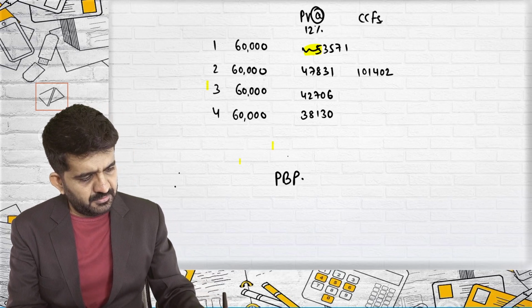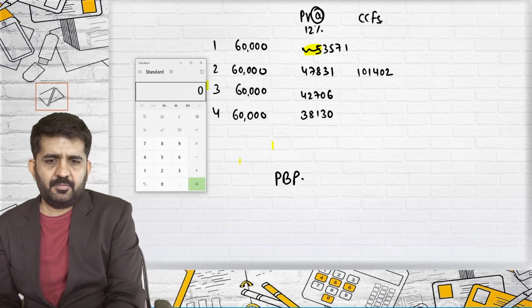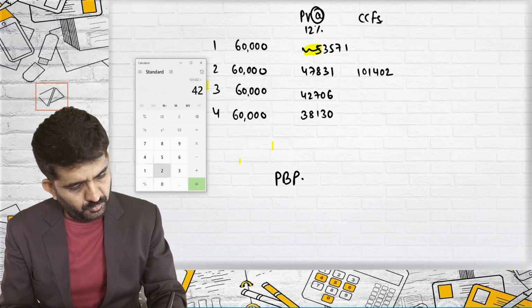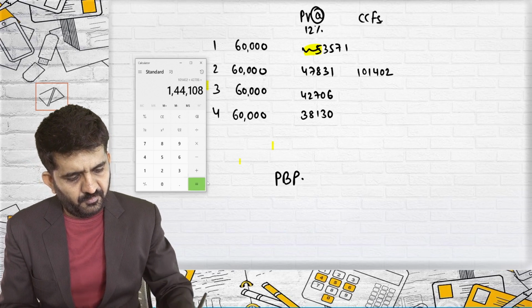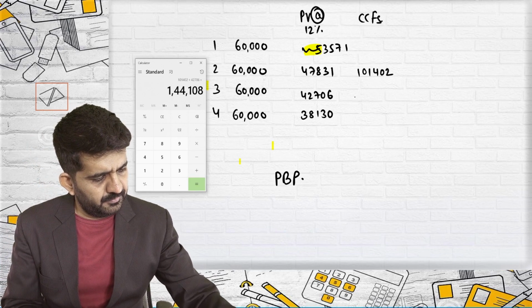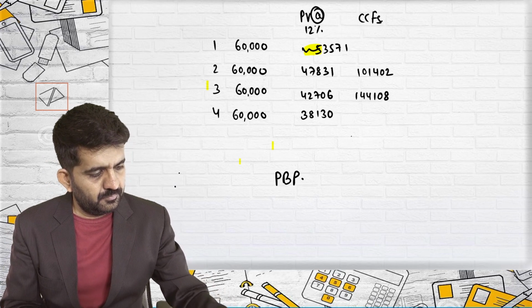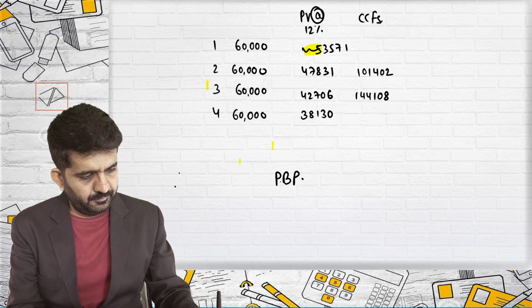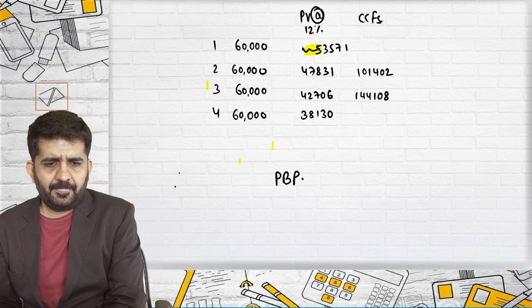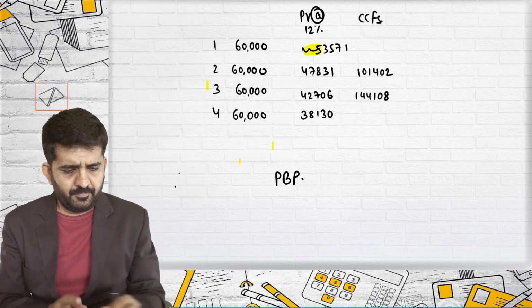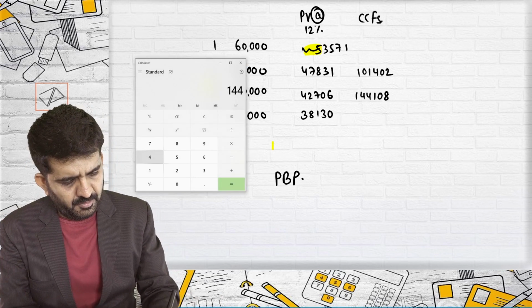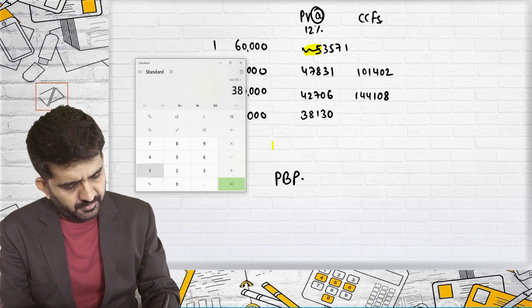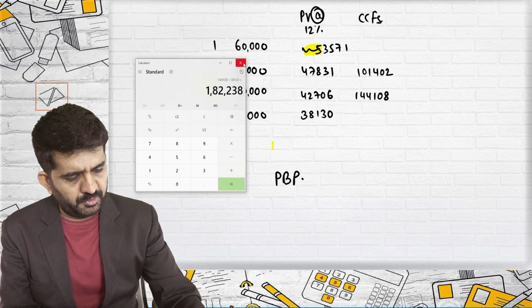Plus 42,706: 101,402 plus 42,706 is 144,108. 144,108 plus 38,130 is 182,238.